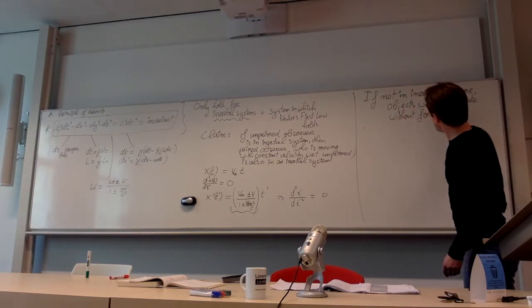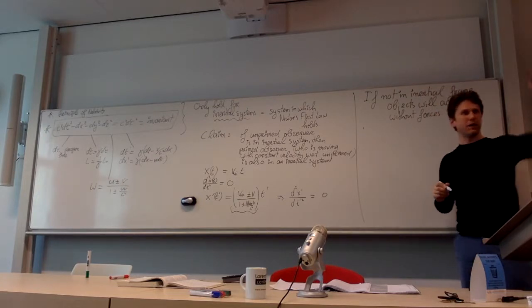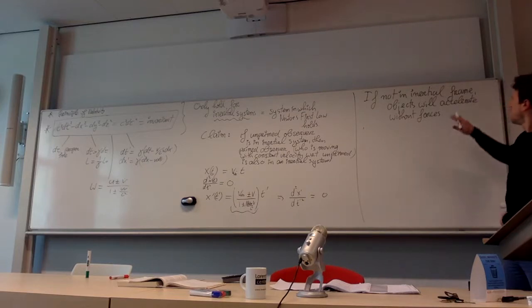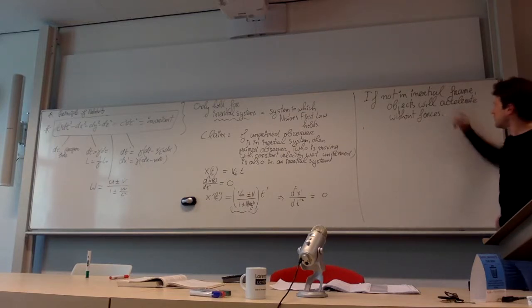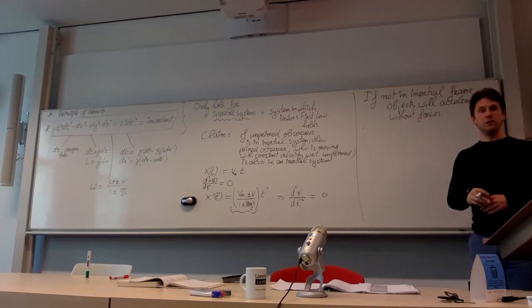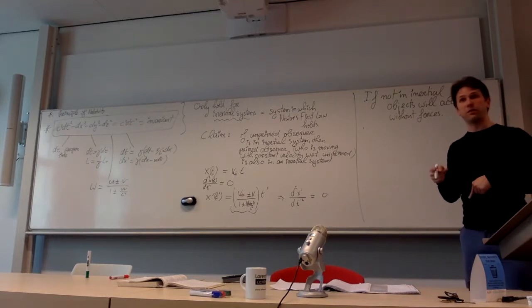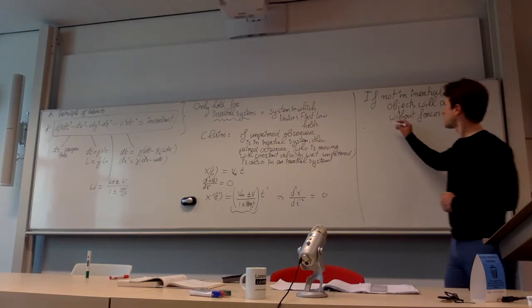This is my stroopwafel staying behind, where I am falling downward in the Efteling. Objects will accelerate without any forces. So, to a person in that non-inertial frame, it will look as if there is a force because he sees an acceleration.